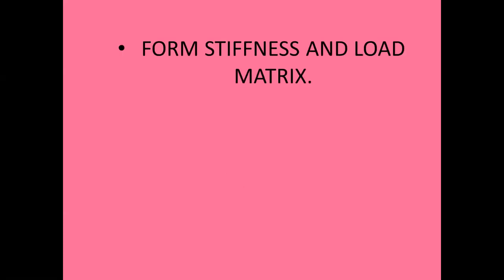After this, we are going to form the stiffness and load matrix. In fact, the stiffness and load matrix are written by an expression Kx equals F, where x happens to be all the unknowns.